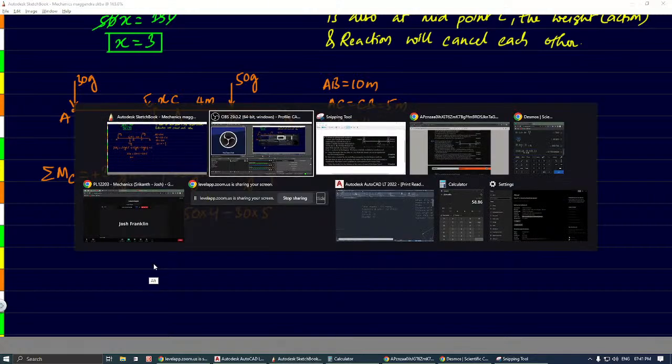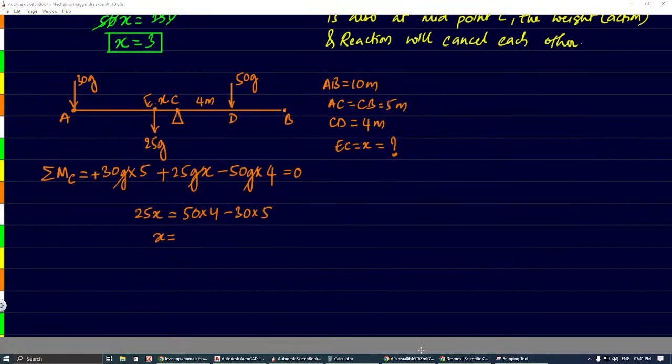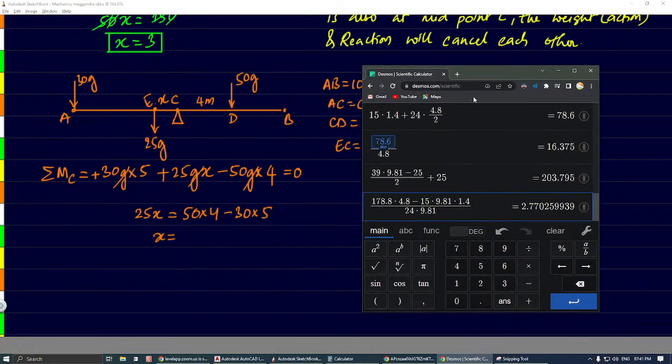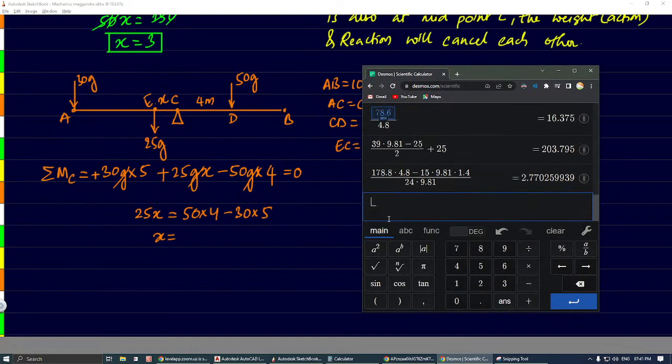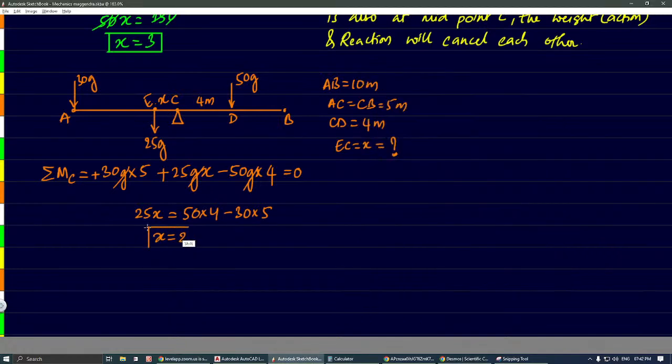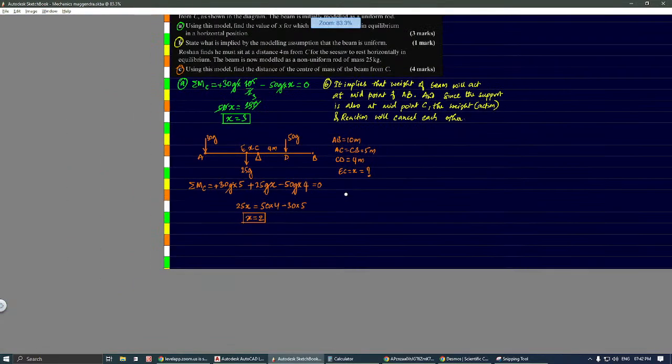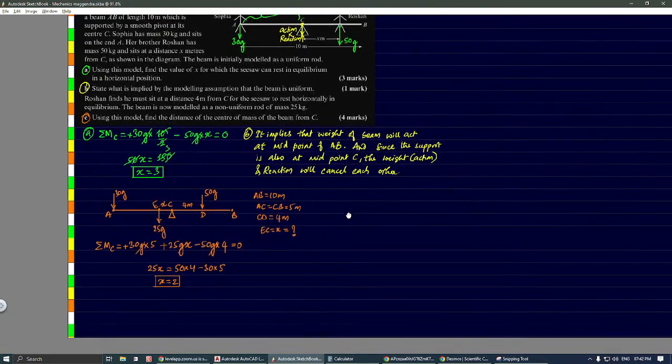So x we can find now. 50 times 4 minus 30 times 5, denominator is 25. That is 2. Okay. Is it clear?